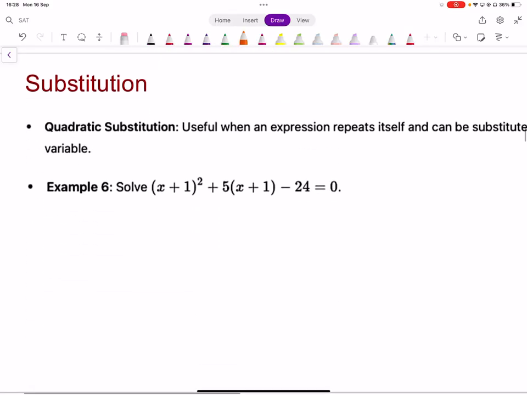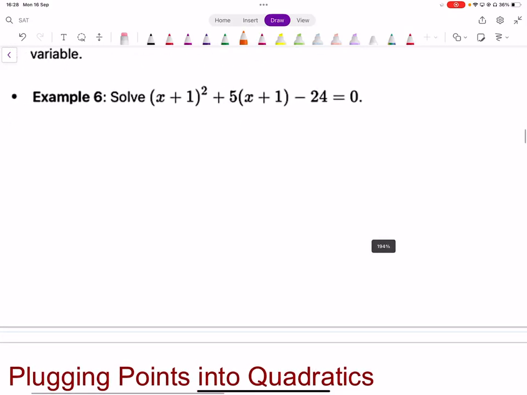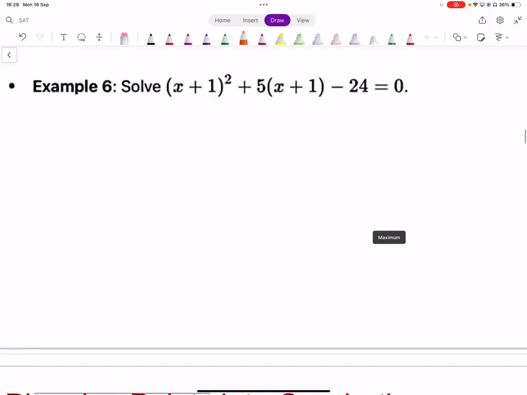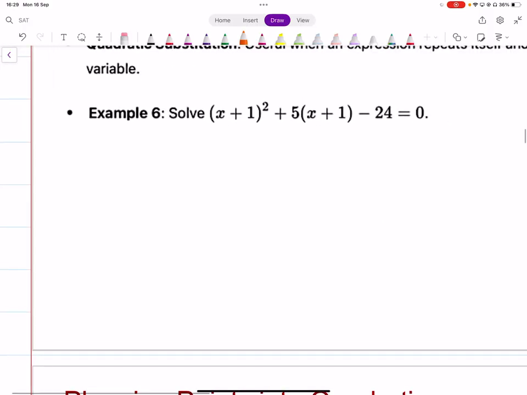Okay, let's have a look at this. X plus 1 whole squared plus 5 into x plus 1 minus 24 equals 0. How would you solve this equation?